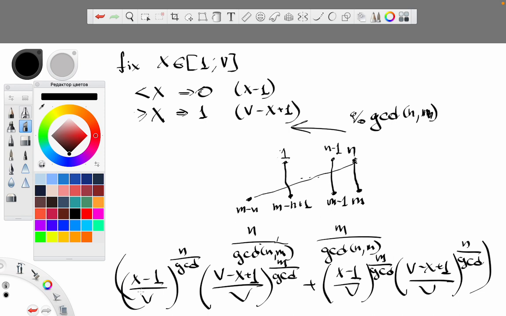And we do this for each component independently, so to the power of GCD. So that's the probability that a randomly colored graph will actually be bipartite with this coloring.